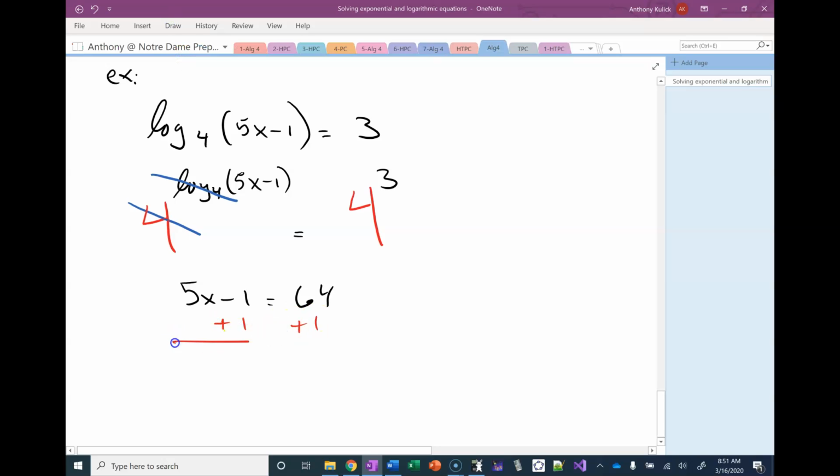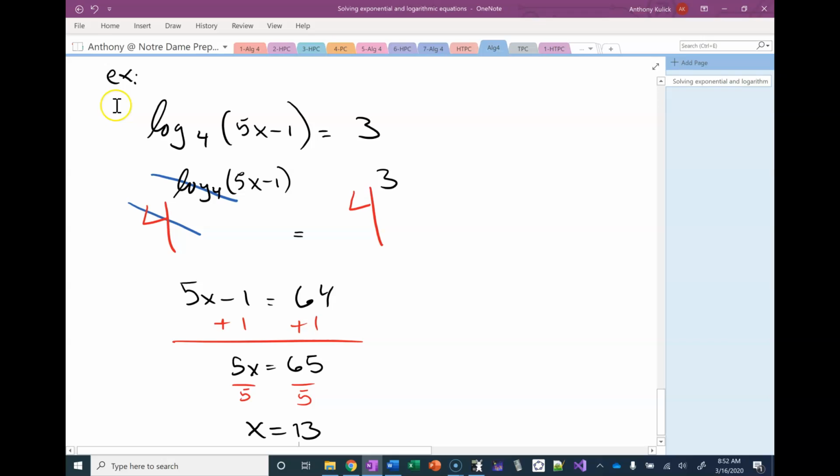Next, I'll add 1 to both sides. That gives me 5x equals 65. And when I divide both sides by 5, I get 13. And now I just need to check this by plugging that back in for the x in the original equation.